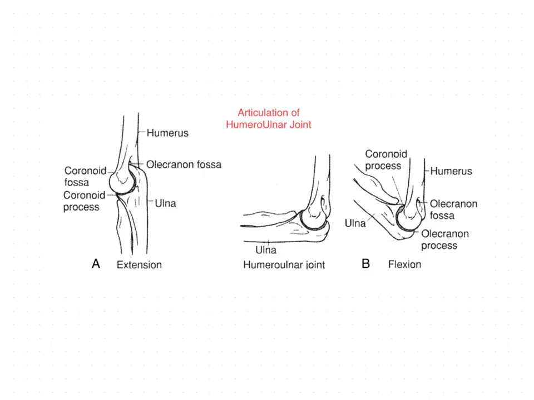Okay, now next we are going to see the articulations of the humero-ulnar joint as well as the humero-radial joint. Whatever we are seeing individually all comes under the elbow joint, and this elbow joint is a component of the elbow complex. We are seeing individual joint articulations, but you have to understand these articulations combined, because the movements take place simultaneously.